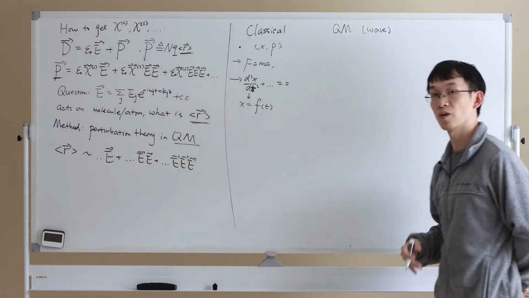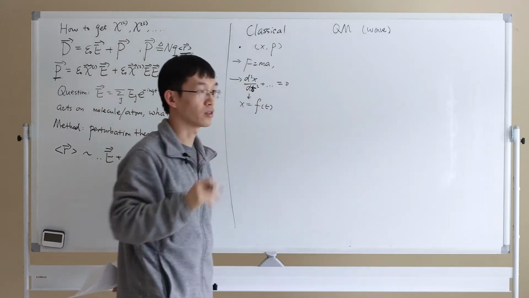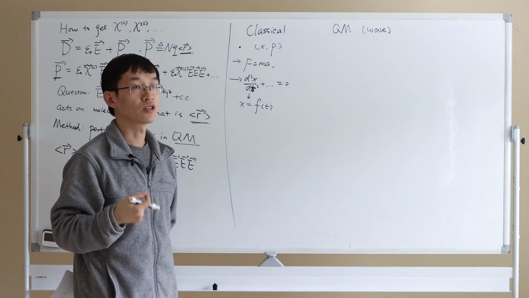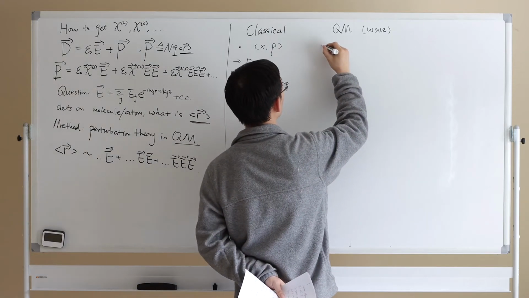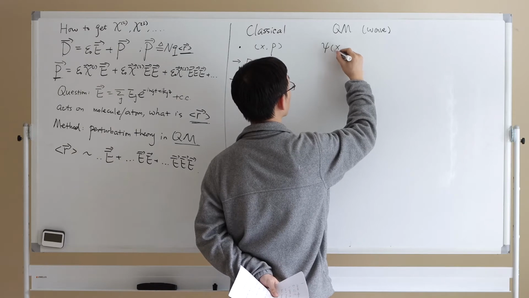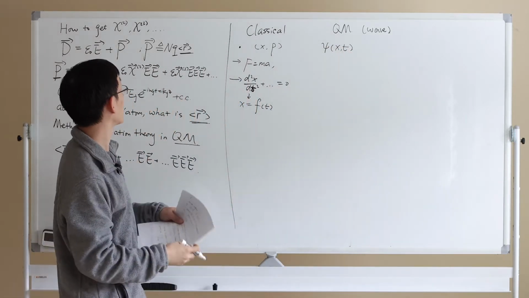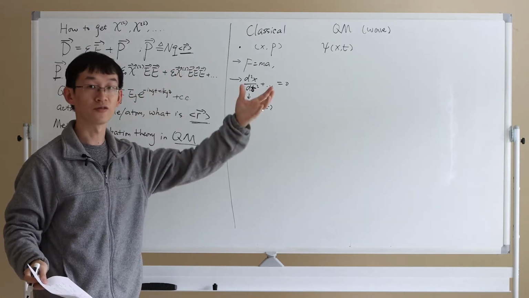So in quantum mechanics, your electron is a wave, or let's say the electron obeys a wave equation of motion. So you have a wave that is a function of x and t, just like your electrical field is a field, right?